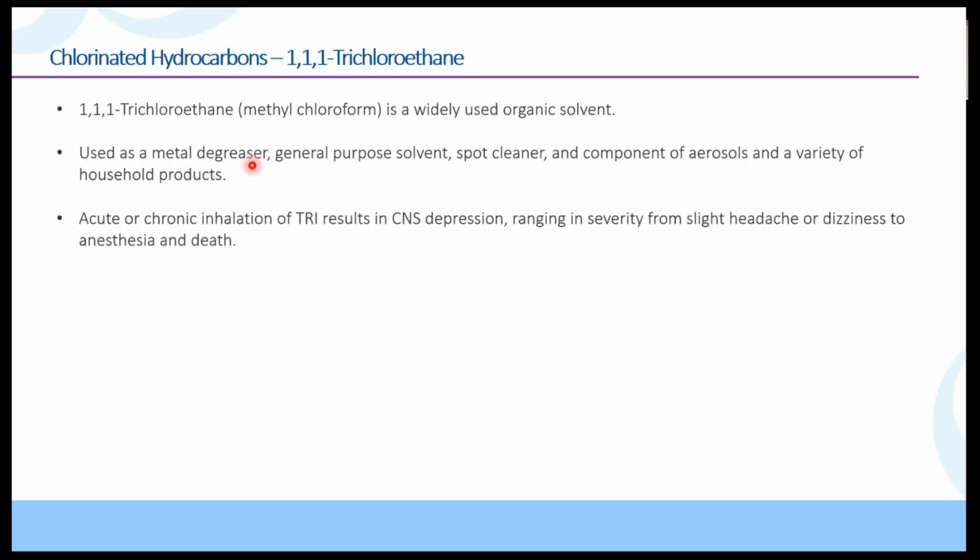I don't think that you need to remember all those things, but you should have some basic idea of how people will be exposed to all these solvents. Acute or chronic inhalation of TRI results in CNS depression, ranging in severity from slight headache or dizziness to anesthesia and death.